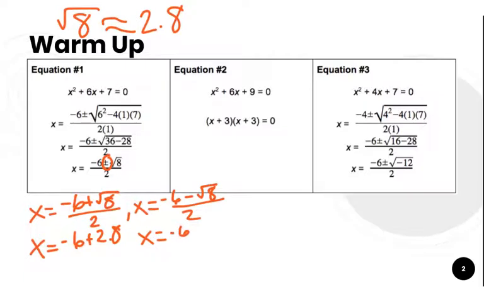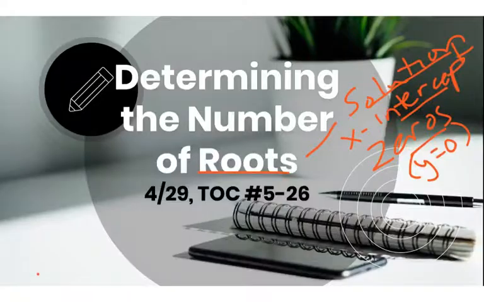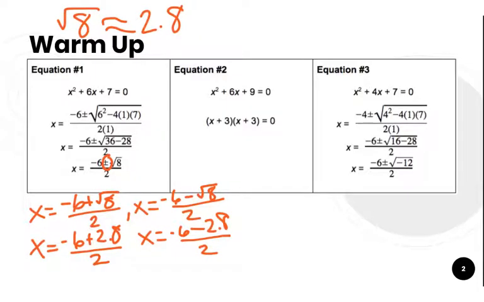So -6 plus 2.8, and let me not forget to divide them both by 2. Feel free to do this along with me or pause me while you figure it out. x is equal to -3.2 divided by 2, which is -1.6.